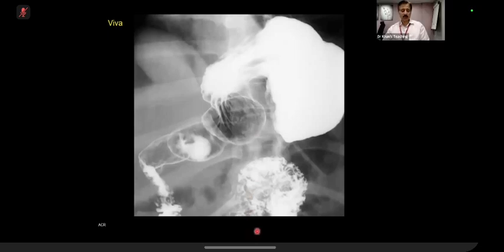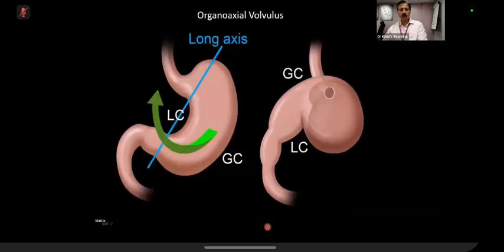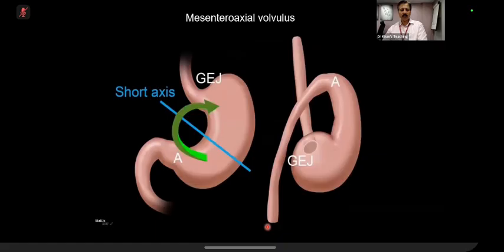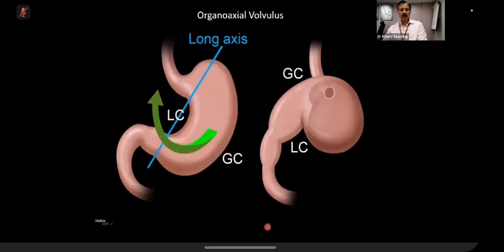Okay, I'll take over. Basically, your diagnosis is correct. But having said that, now I am showing you volvulus of the stomach, which again is an exam case. But please remember the concept. There are two types of volvulus. One is known as organoaxial, and the second one is known as mesenteroaxial.